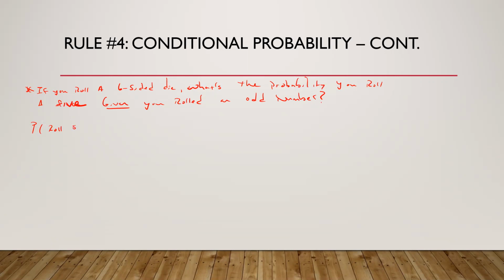So you'd write it as this: probability roll 5 given you rolled odd.